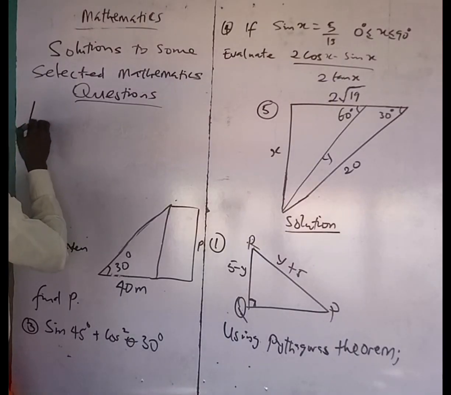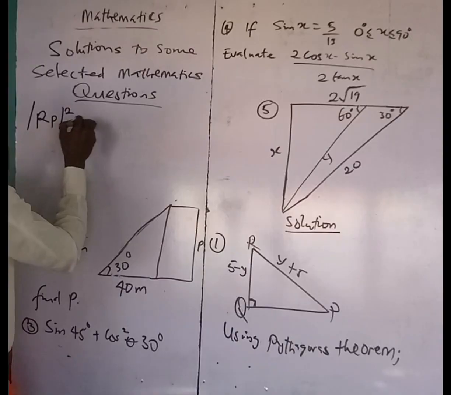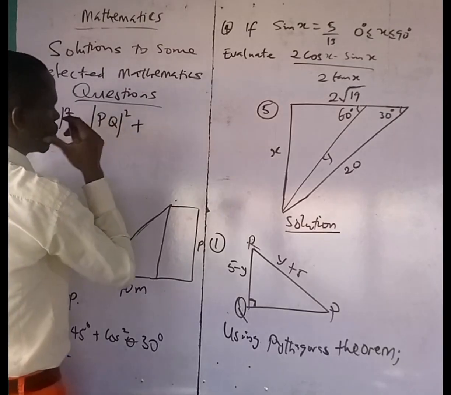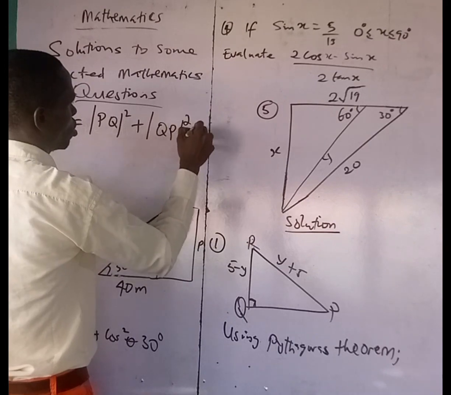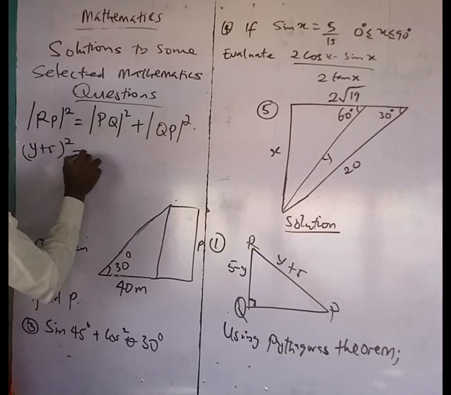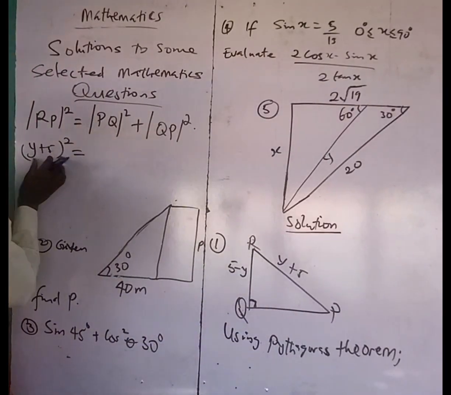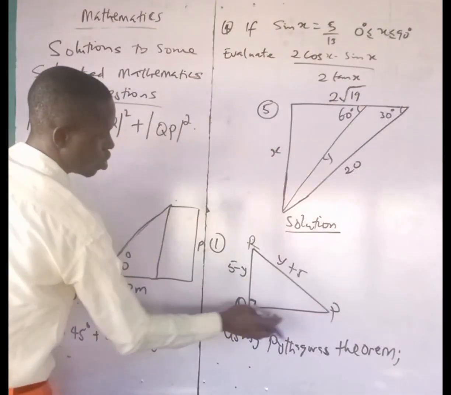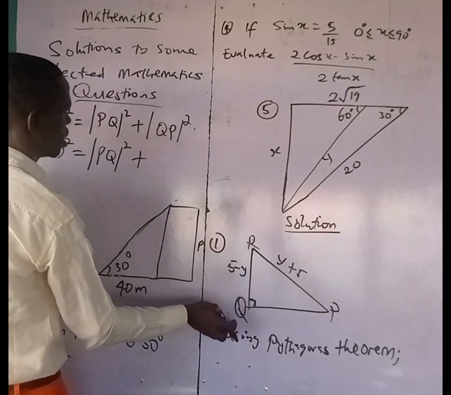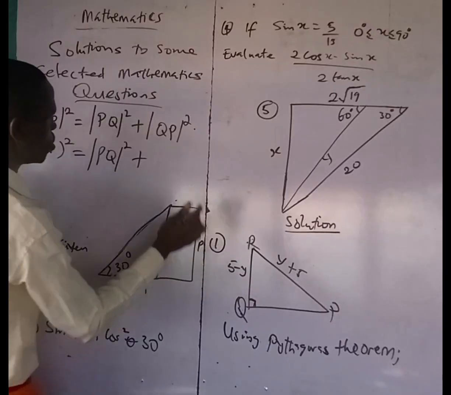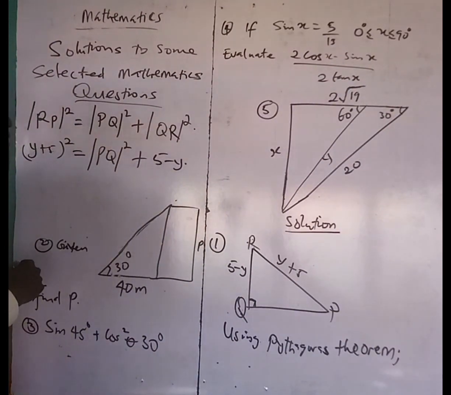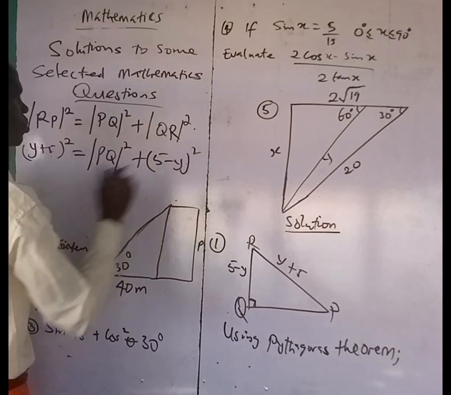So that's going to be line RP squared equal to line PQ squared plus line QR squared. Now RP is y plus 5, squared, equal to line PQ squared plus line QR, which is 5 minus y, squared. So this is it now.